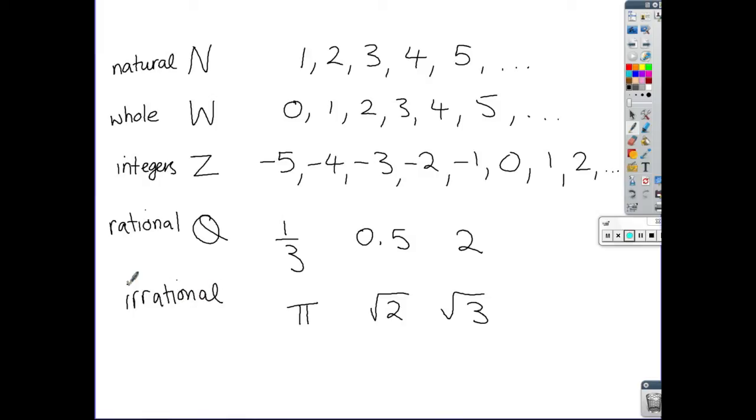Irrational numbers and rational numbers belong to the set of real numbers. Now real numbers are the most common set of numbers we use.